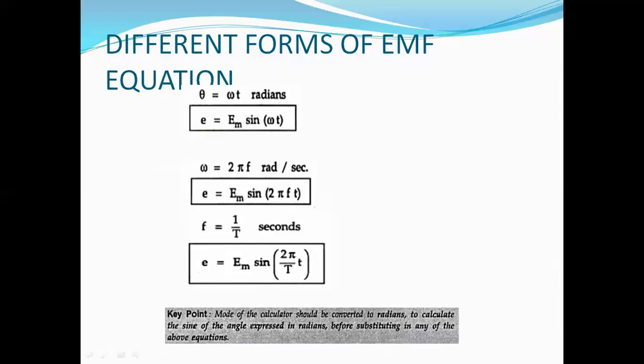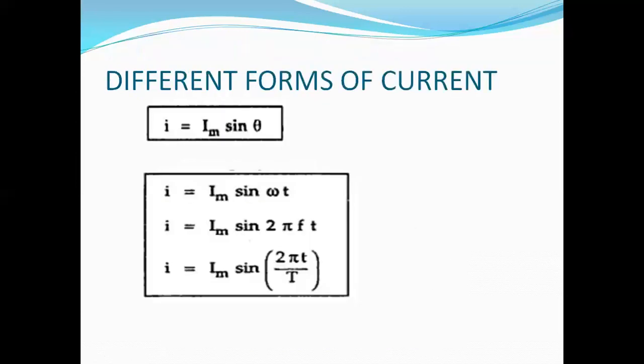Again, this is the equation for the voltage or EMF induced in the coil, and it can be represented in different forms. Now, instead of EMF or voltage, if current is there, then in the same way the current equation can be represented in different forms, that is, i is equal to Im sine theta, theta is equal to omega t.